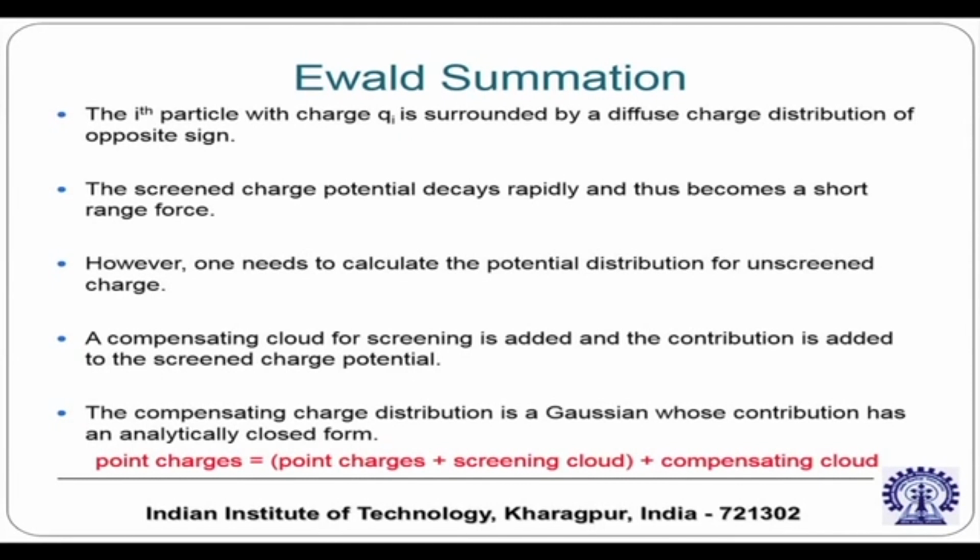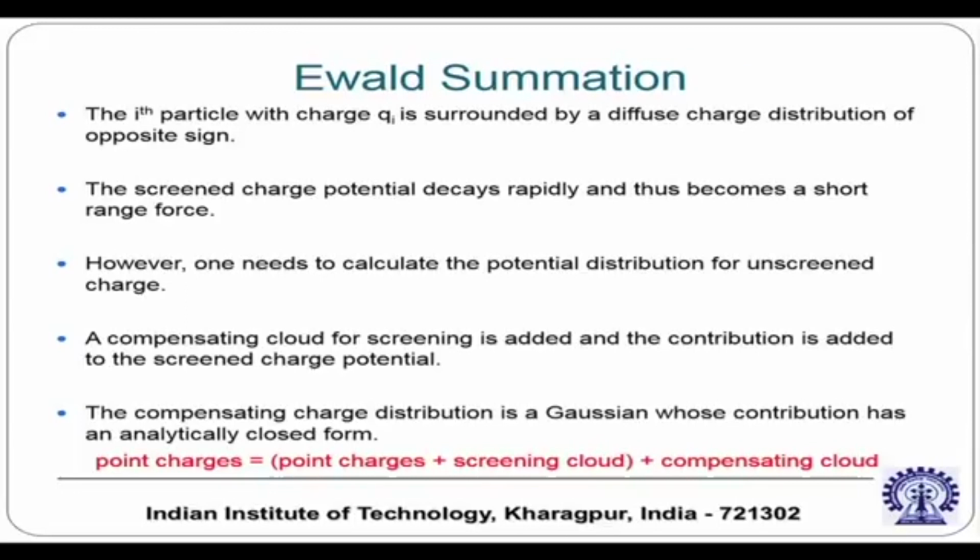What is done in Ewald summation: the ith particle with charge Qi is surrounded by a diffuse charge distribution of opposite sign. The screened charge potential decays rapidly and thus becomes a short range force. However, one needs to calculate the potential distribution for the screened charge.